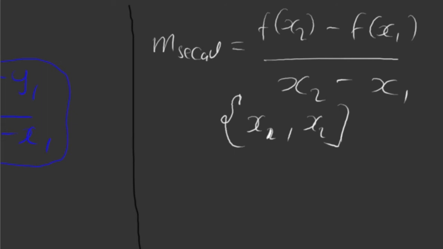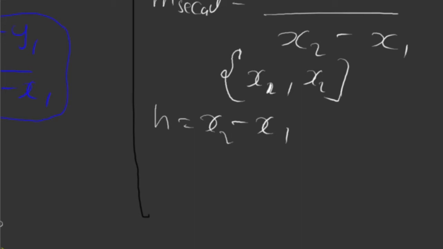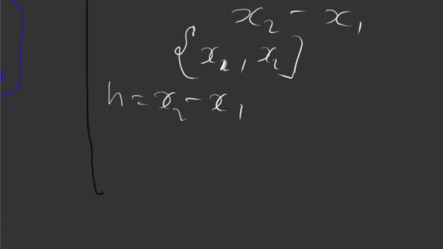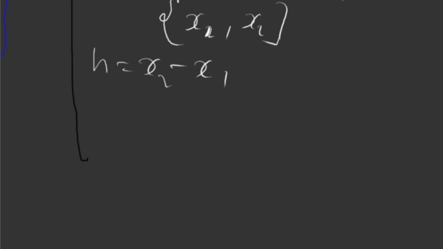So from this formula, for us to find the formula for finding the slope of the tangent line, we derive it from the same one. You assume that h is equal to x2 minus x1, like this denominator. If you do that, then you are going to have x2 equals x1 plus h.